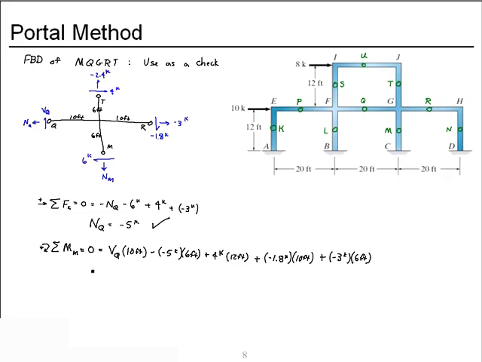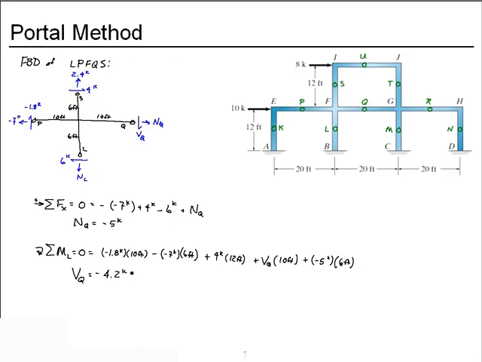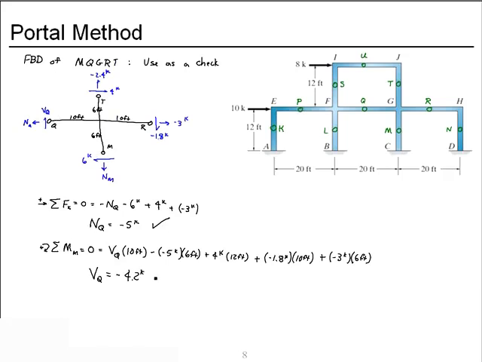We combine all of those to calculate a VQ of minus 4.2 kips. And if we look back at the previous slide, negative 4.2 kips is what we obtained before. Great. So this also checks. That's a good sign.